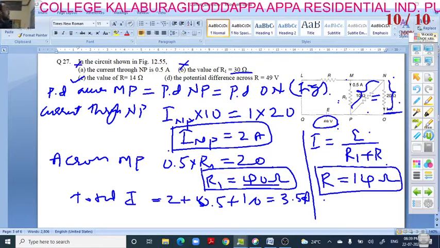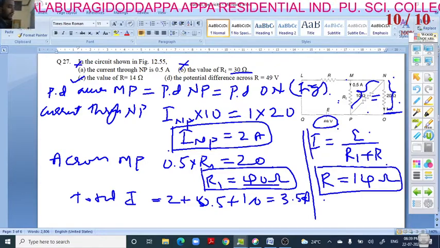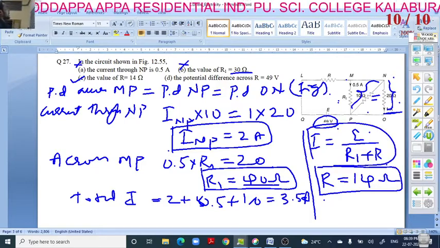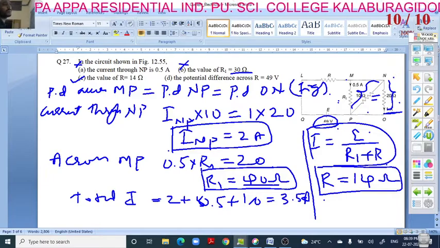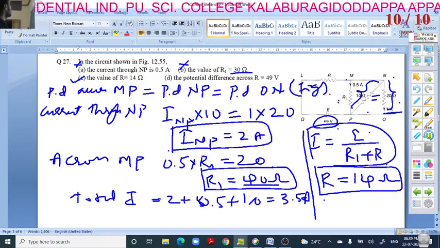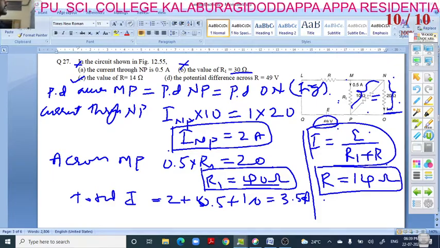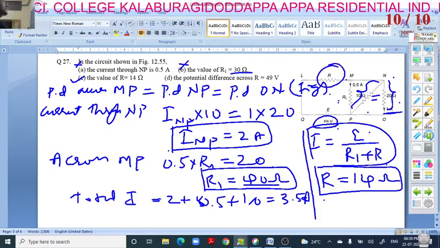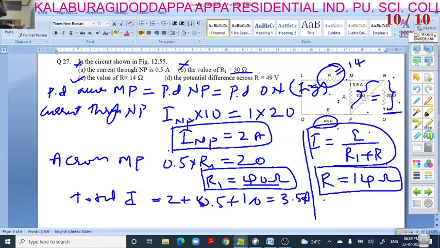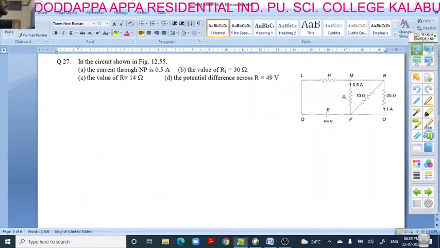First also wrong, second also wrong. And with the help of this, current I have found out here. So finally I got R is equal to 14. So that our option is third option here, right? So just to go through the figure and you will get R value is 14 ohm. C option he has given, that is correct because we got that. Okay.